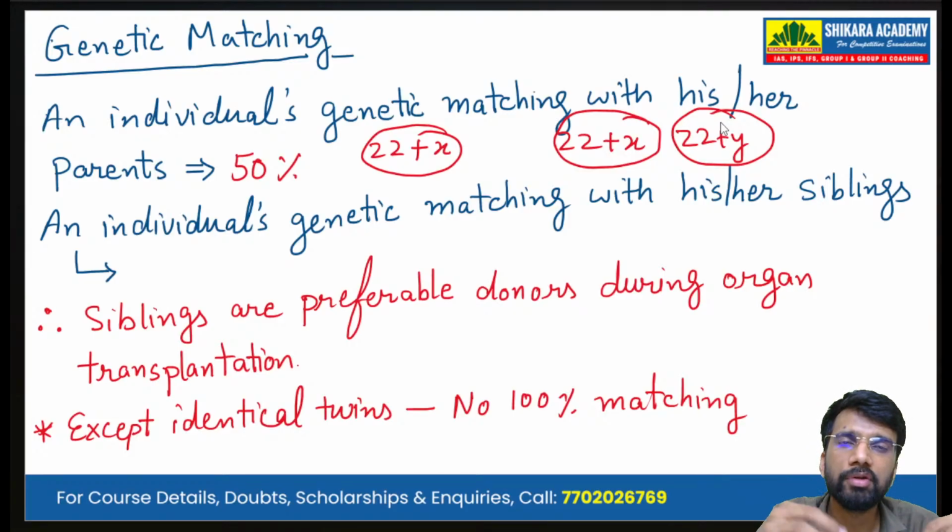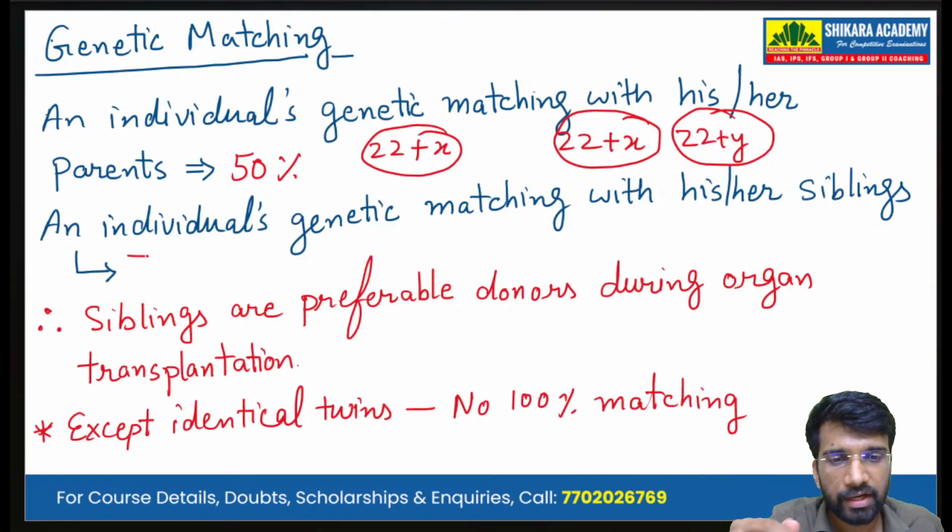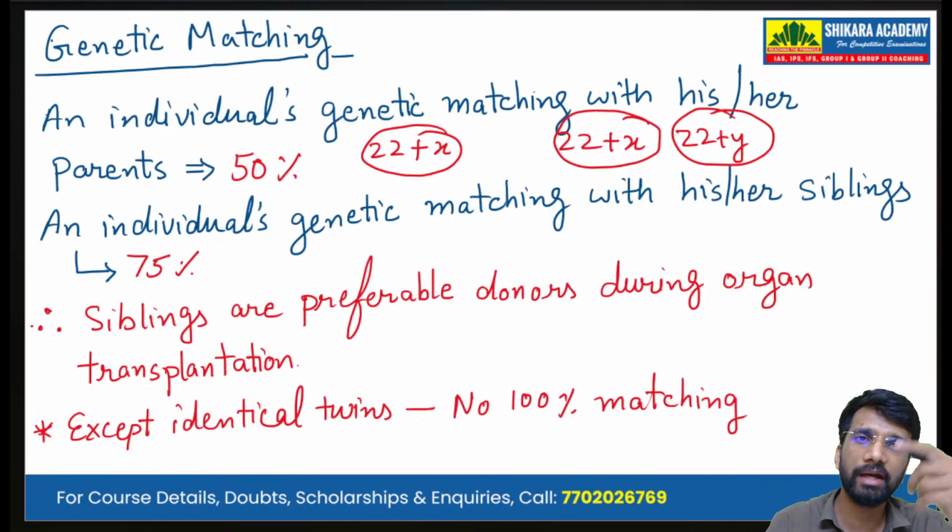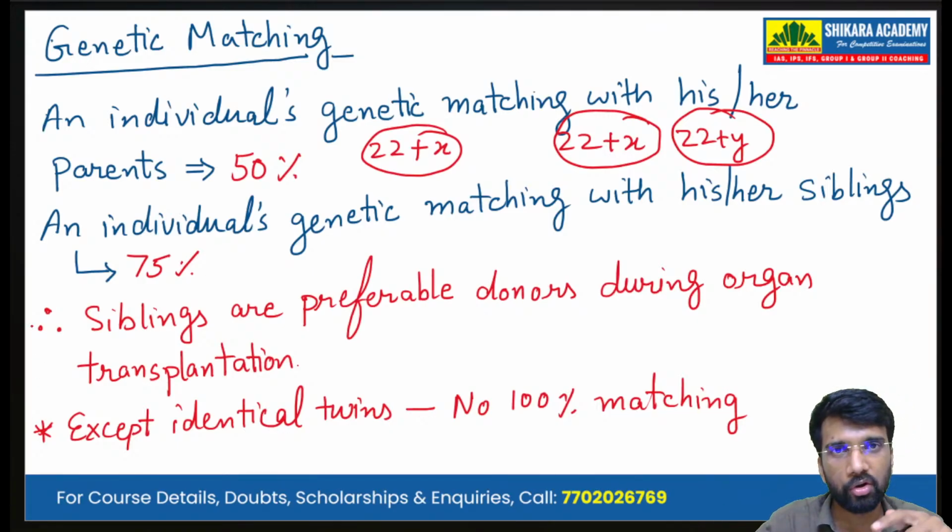Now, an individual's genetic matching with his or her sibling. Your genetic matching with your brother or your sister, what do you think it will be? Will it be more than 50% or less than 50%? It will be 75%. It is greater than 50% because you have the same set of parents.